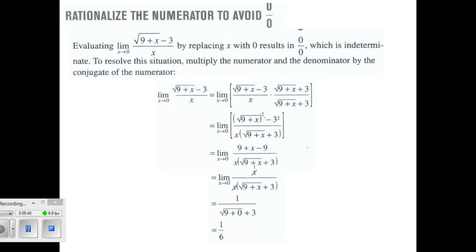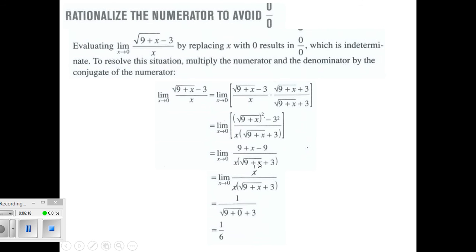So the conjugate of the numerator is the same expression, okay? If our expression is a minus b, our conjugate is a plus b. The reason we do that is because we'll take advantage of the binomial pattern a plus b times a minus b going to a squared minus b squared, as you can see here, okay? Which then yields a simple x in the numerator, and the denominator was the x times that conjugate term.